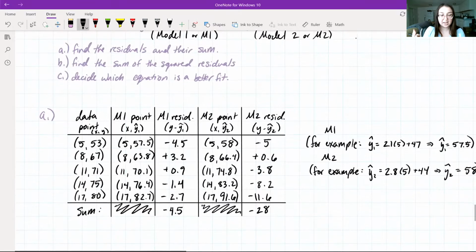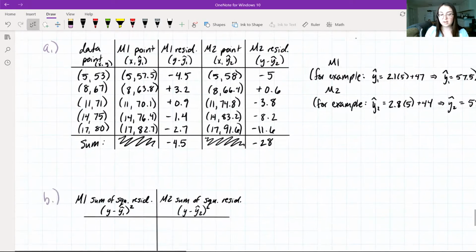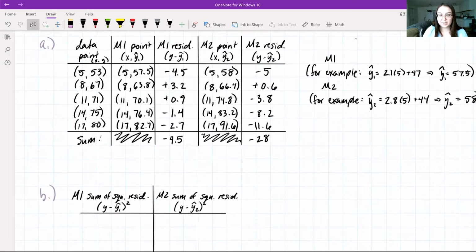So part A, all we needed to do was find the residuals and their sum, so we did that. Now for B, we're going to find the sum of the squared residuals. And for B here, we can't just square negative 4.5 and negative 28. We have to square each individual residual so that we get a positive value for every number that we have.